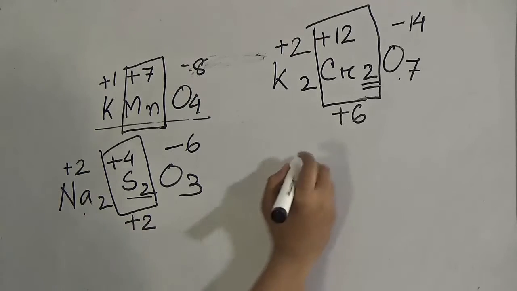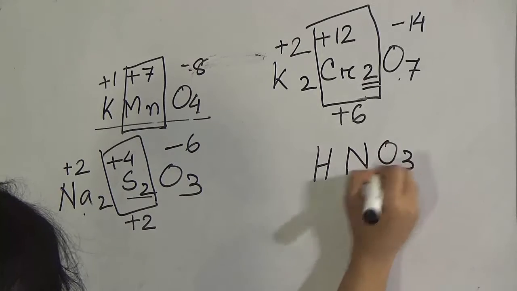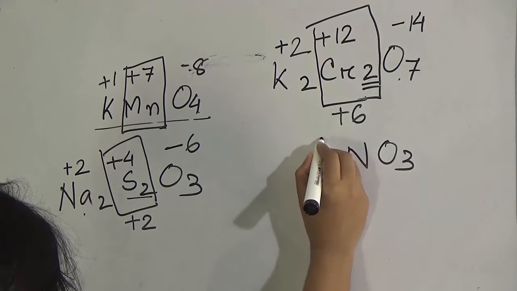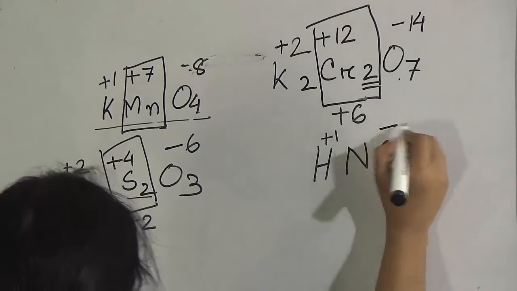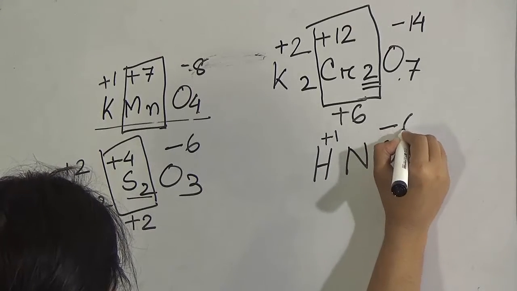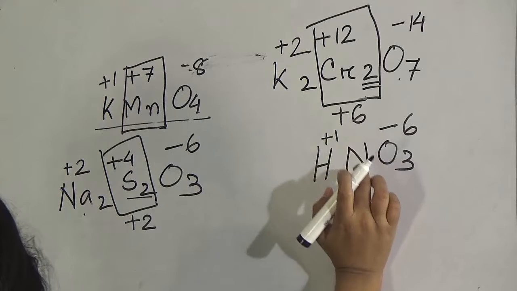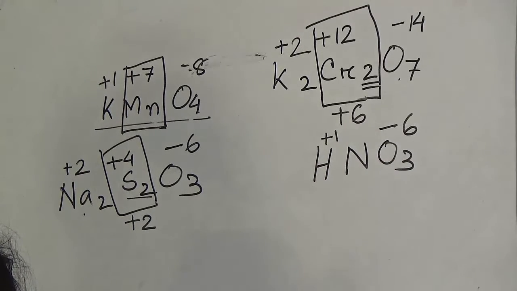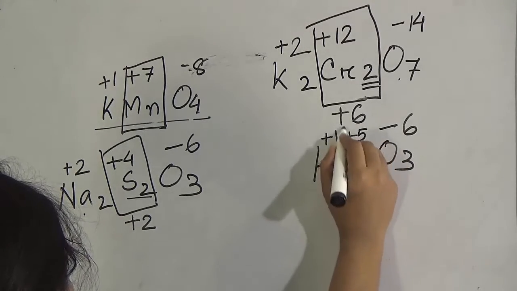Now come to nitric acid. It will be +1, it will be -6, and it will be +5.